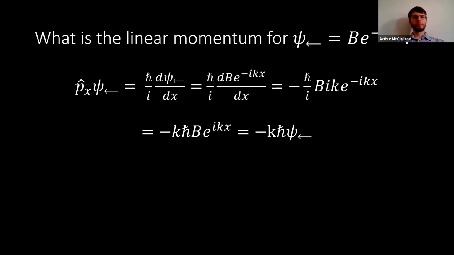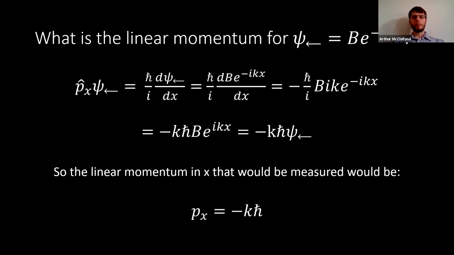What if we chose the other solution? Say we said b equals e^(-ikx). We do it the same way, plugging in the wave function to our operator. This works out eventually as negative k h bar psi.